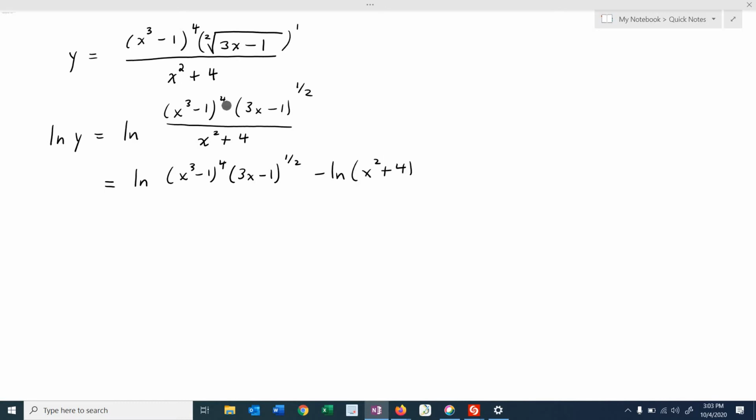Remember, when you say the natural log of a function divided by another one, it's the same as the natural log of the top function, minus the natural log of the bottom function. Okay, well, this is multiplication, so we can break this apart by saying, all right, that property says this is equal to the natural log of the first function plus the natural log of the second one.